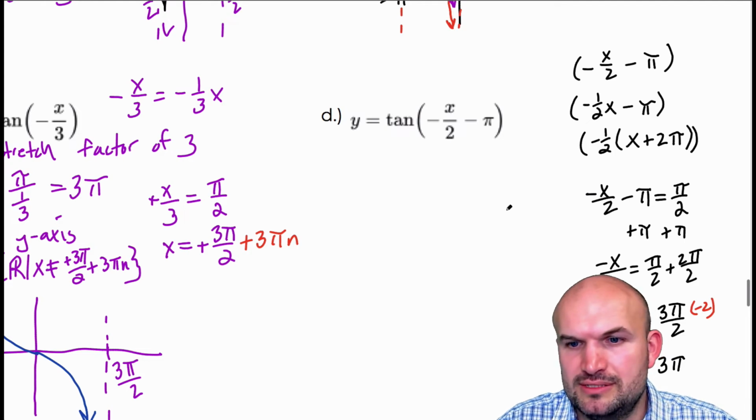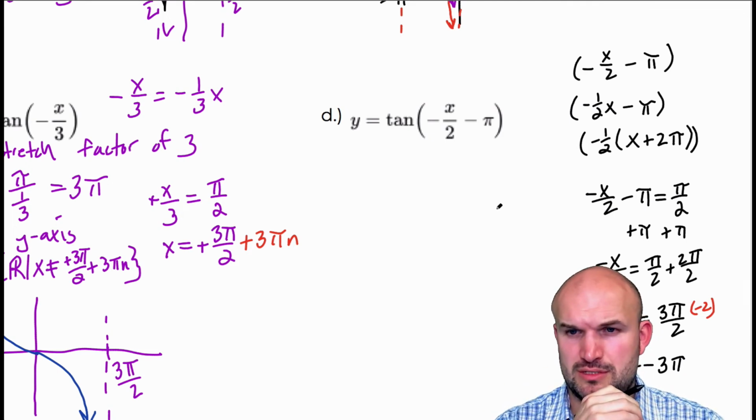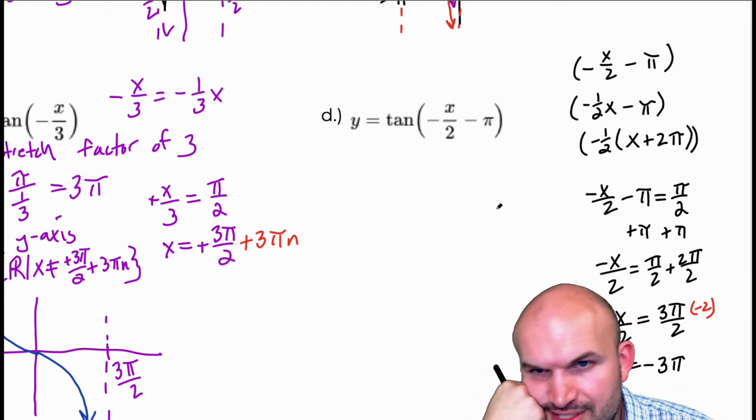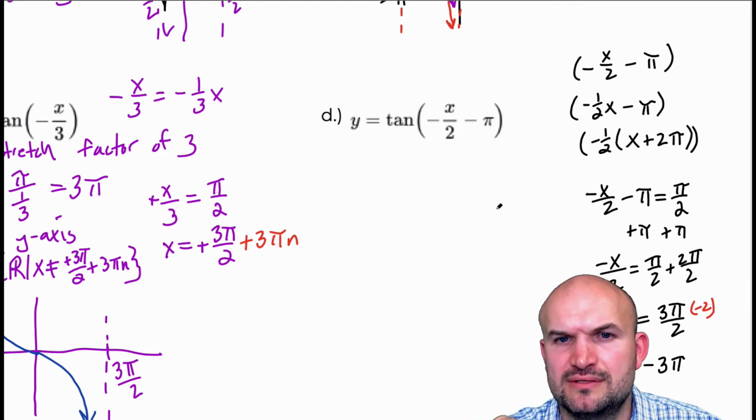And those would divide out, and we'd just be left with x is equal to negative 3 pi. And that's not right. What did I do? That's pi. Oh, that's 2 pi over 2. I've got to figure out my mistake. Crap. Negative pi halves.